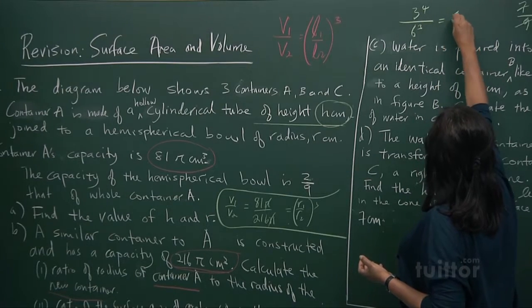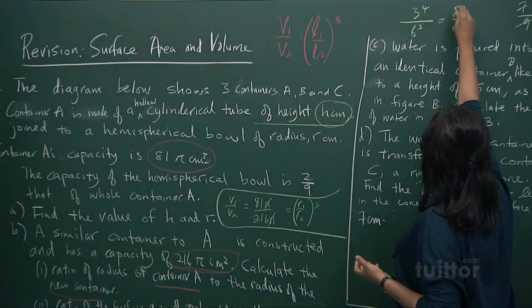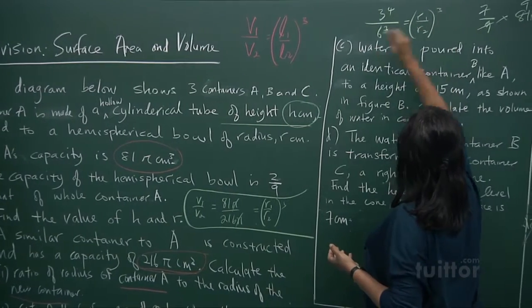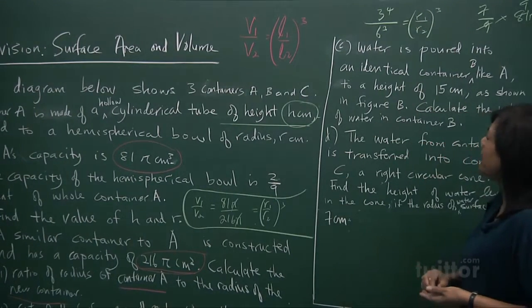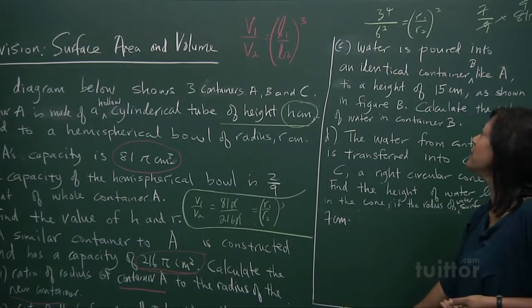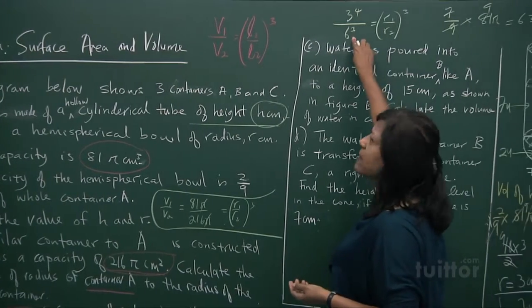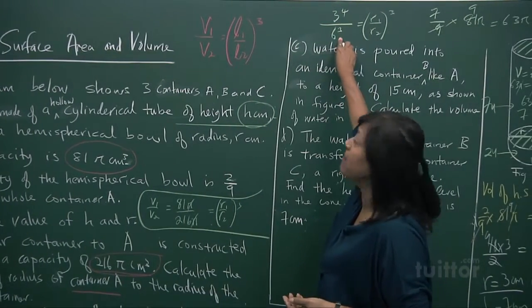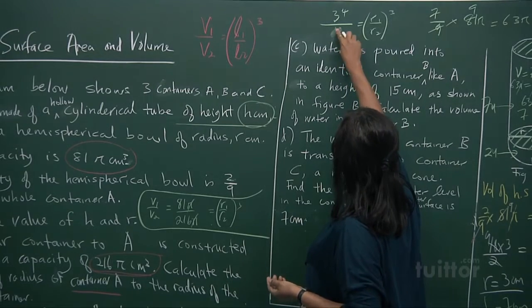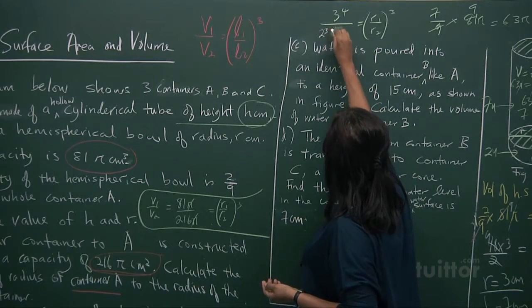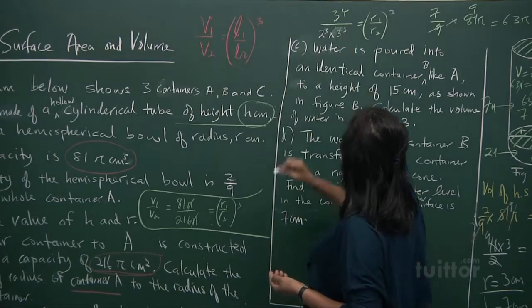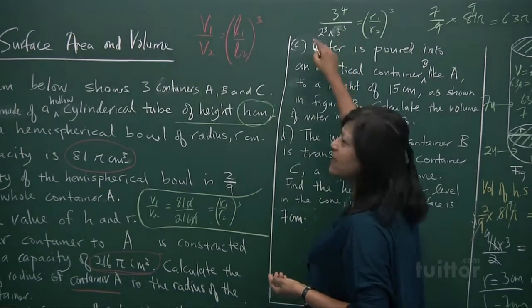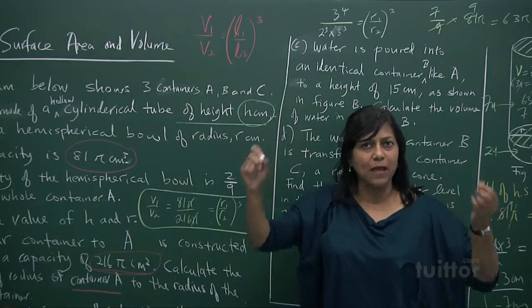And you've got R1 over R2 cubed. Now let's see how we can reduce that. Now, what is 6 made up of? 2 times 3. I know you can use your calculator, but I'm trying not to fall back on the calculator. 6 cubed is 2 times 3 cubed.